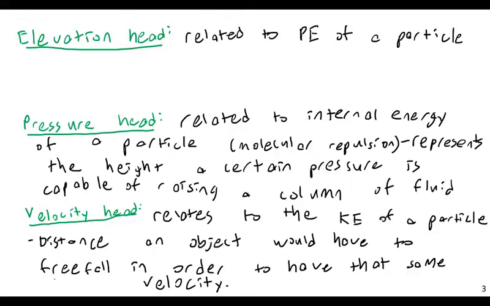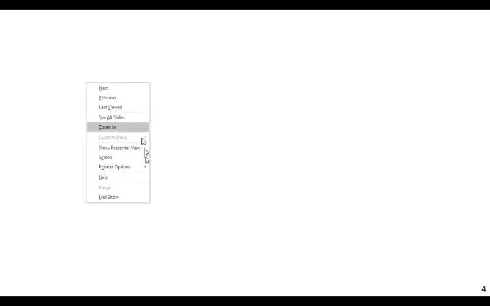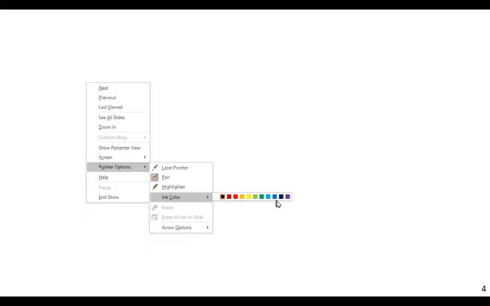So all of these can be interpreted as height. Now, if I go back to molecular repulsion, what do I mean by this? Pressure as molecular repulsion. How does a fluid under pressure actually physically store energy?